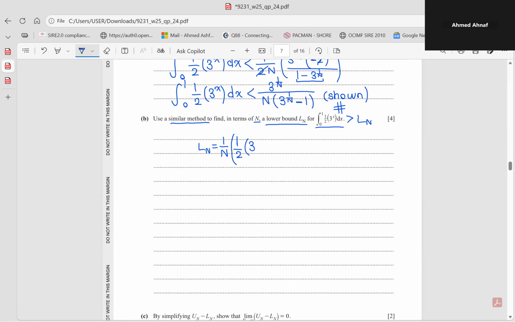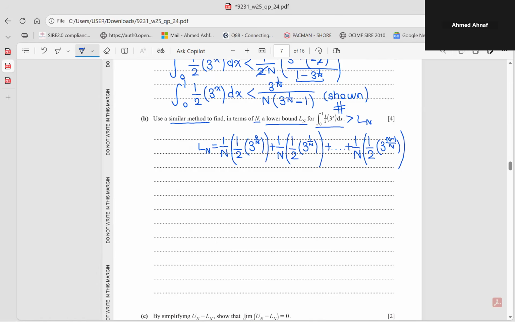3 to the power of x. So the first one is 0 over n, and the next one is 1 over n half 3 to the power of 1 over n plus dot dot dot 1 over n half times 3 to the power of n minus 1 over n.